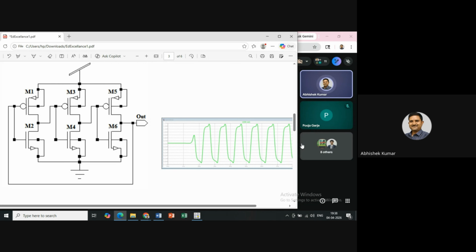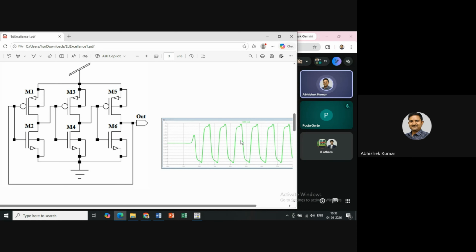Since I took three inverter stages here, I will have some frequency. If I take five inverting stages, 11 inverting stages, or 21 inverting stages, as the number of inverting stages increases, the frequency will be different.